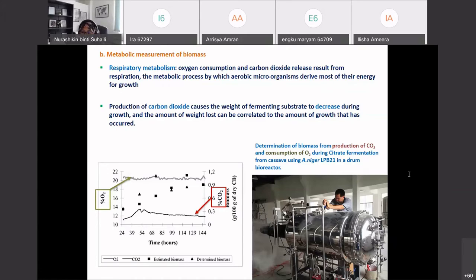Using absorbance as measurement. Okay, for submerged, liquid fermentation, of course you can measure the absorbance. It is a method for measuring the growth. When you measure the absorbance, you translate it into the cell concentration based on the standard curve.